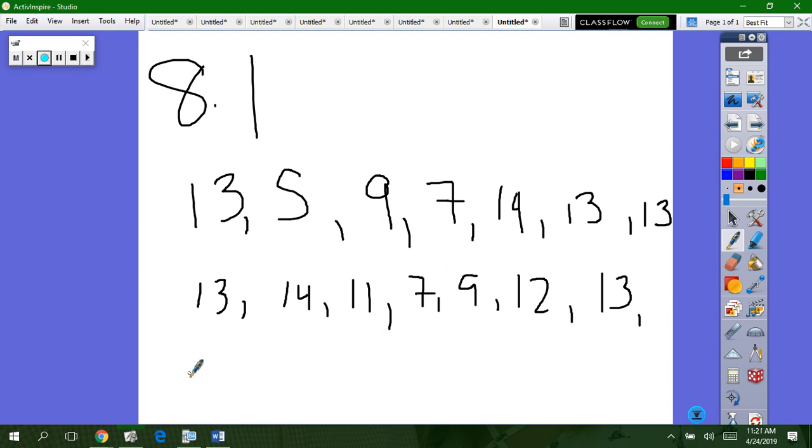A 5? Okay, we'll put a 5 down for you. You're pretty small, so I'm guessing it's on the lower end. Where are we at? Chris? Three?